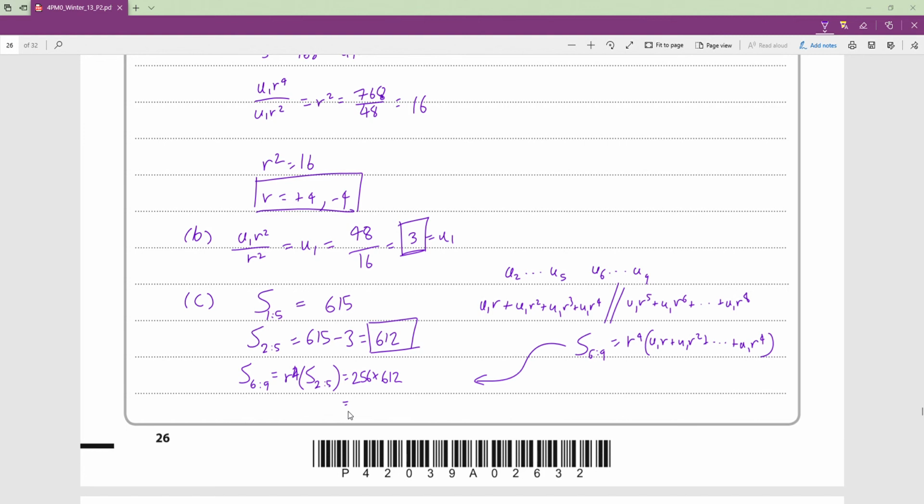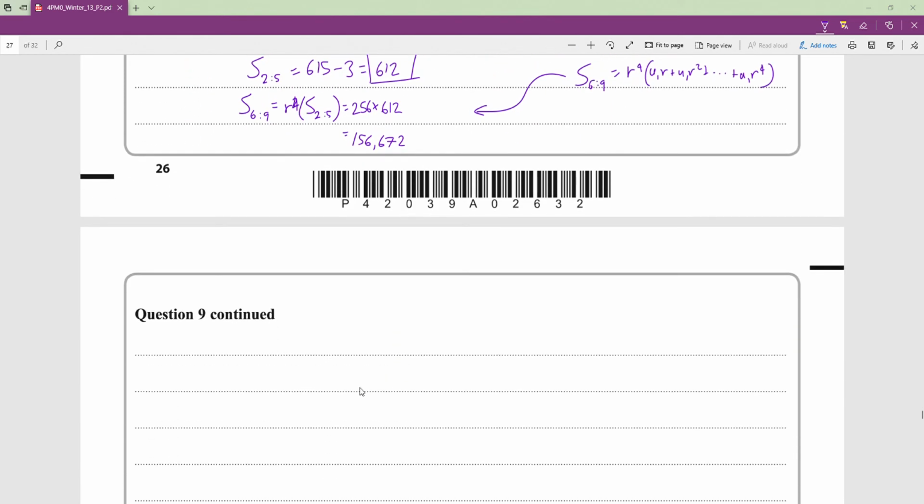This works out to be 156,672. And what we can do here now is that the sum from 1 to 9 is equal to the sum of the first term plus the sum from 2 to 5 plus the sum from 6 to 9, or the first term just being 3 plus the sum from 2 to 5, 612, plus the sum from 6 to 9, which is this number here.